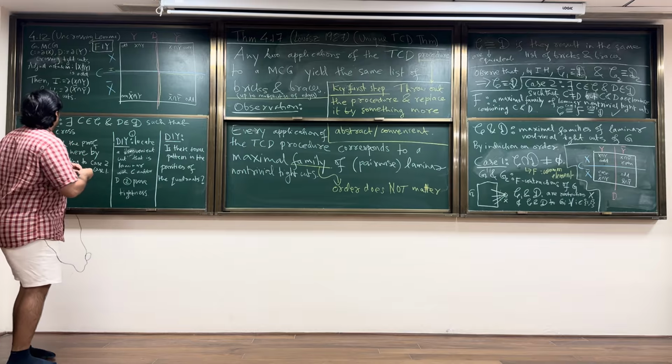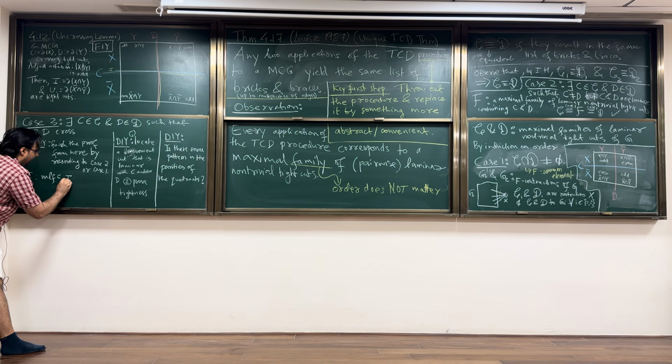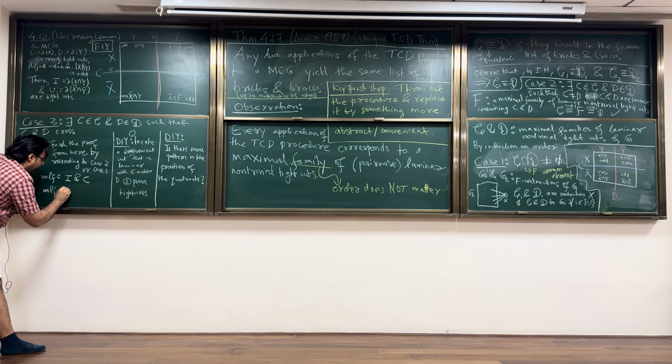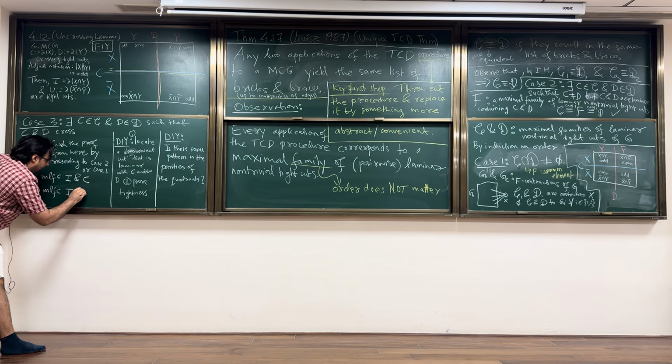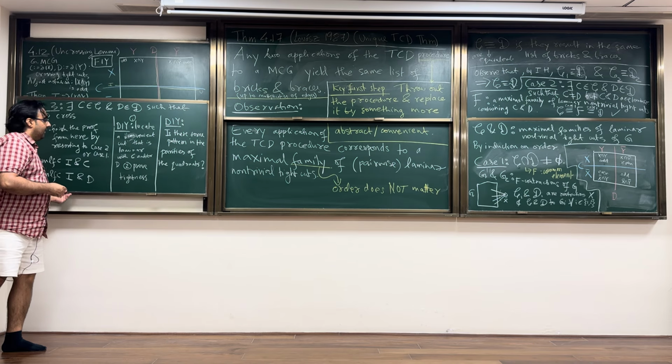Let me just write down. So F is a maximal laminar family containing I and C, and H is a maximal laminar family containing I and D. This is one way to finish the thing.